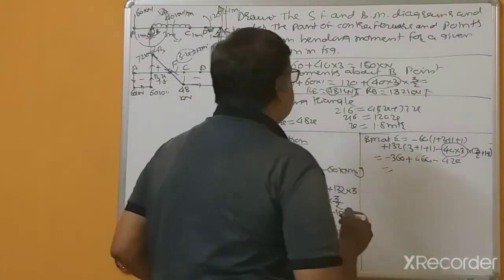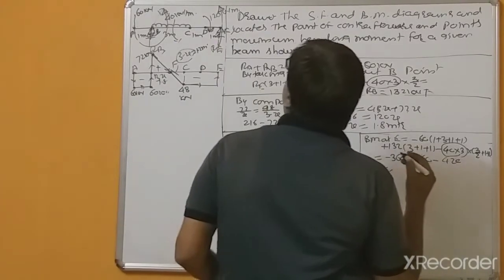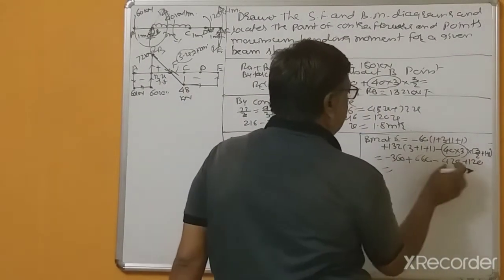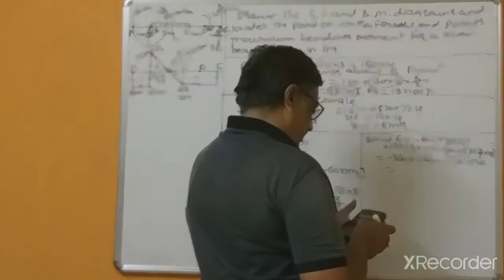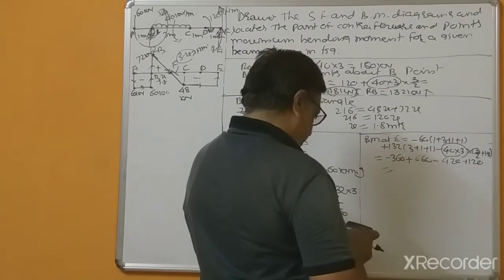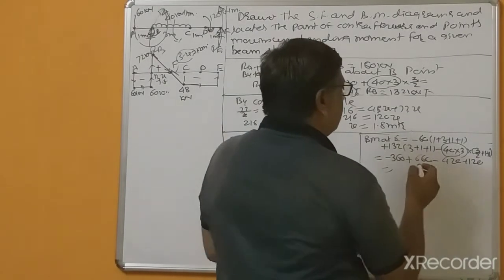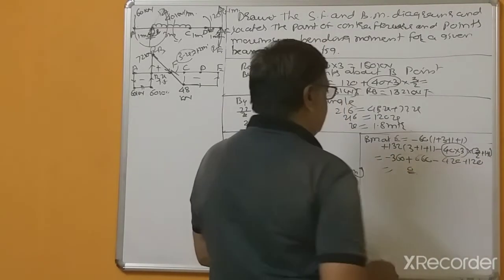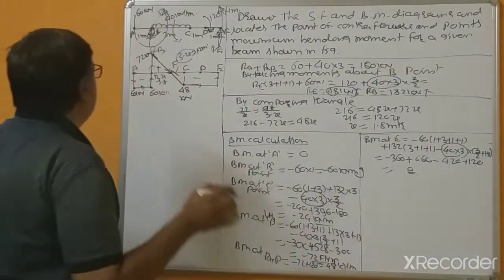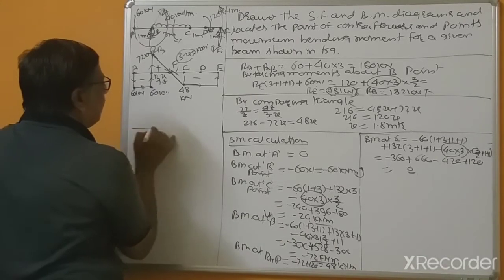So that's why here it is plus 120. This 360 plus 420, 780. So this is equal to 0. So this is balanced. Now we can draw the bending moment diagram.